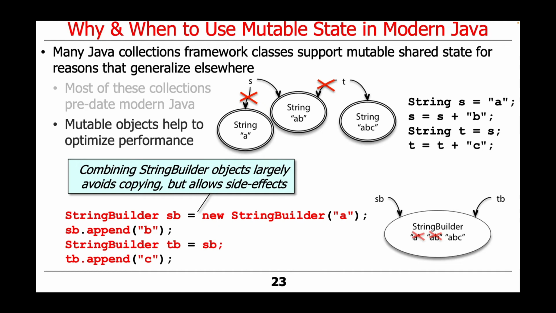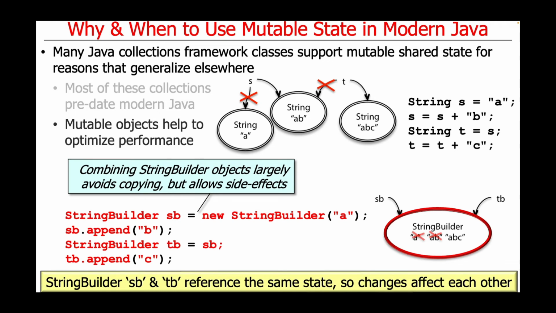One of the key benefits of using the mutable StringBuilder class instead of the immutable String class is that StringBuilder objects largely avoid copying, so they typically are more efficient, especially when you have large strings to concatenate. However, the downside with StringBuilder is since it's mutable, it does allow side effects. In particular, the StringBuilder SB and TB objects reference the same state, so changes to one, such as appending C, will also affect the other.